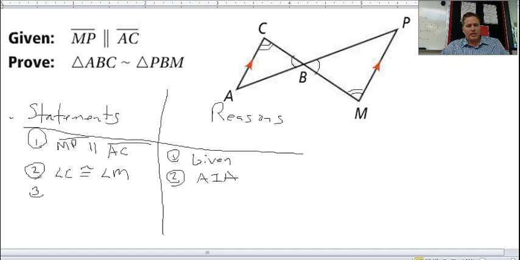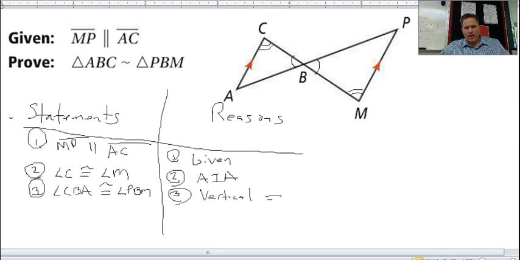Number 3, we know that angle CBA is congruent to angle PBM. And how do we know that? Because vertical angles are congruent.